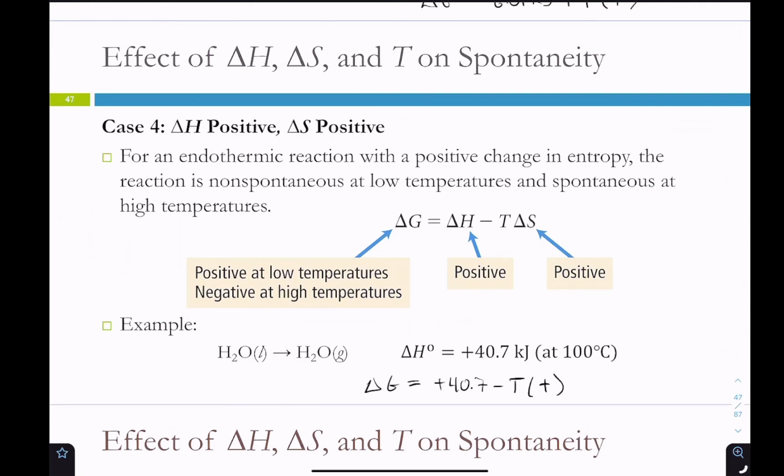So this flips when we have a spontaneous process. That makes sense in the context especially of water boiling, right? Water will boil spontaneously as long as the temperature is high enough. So at really high temperatures, it'll be spontaneous, but at really low temperatures, it'll be non-spontaneous. And that change will happen at 100 degrees Celsius.